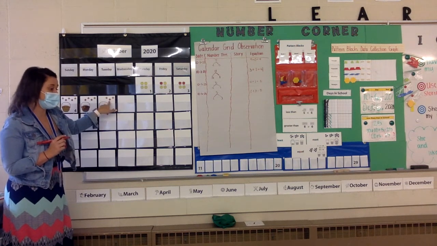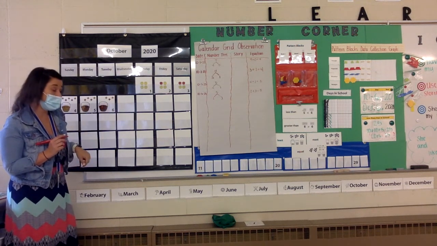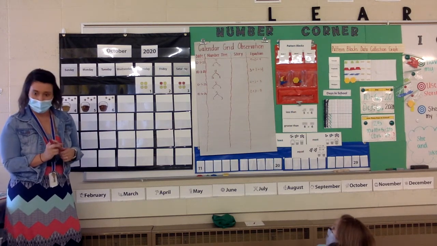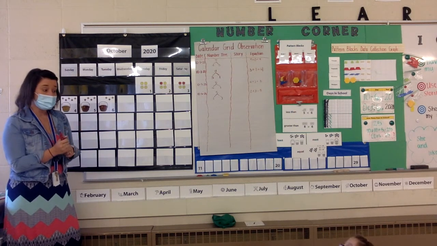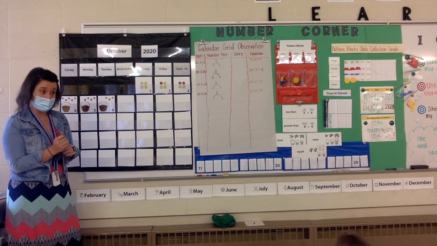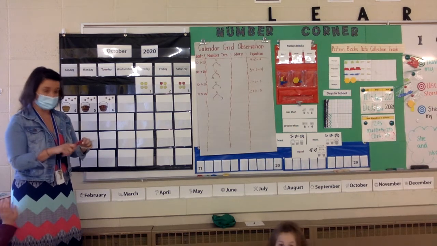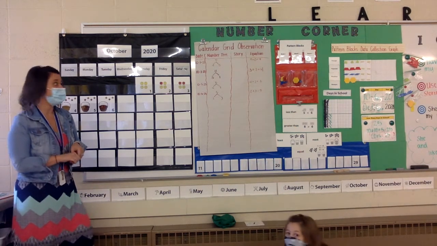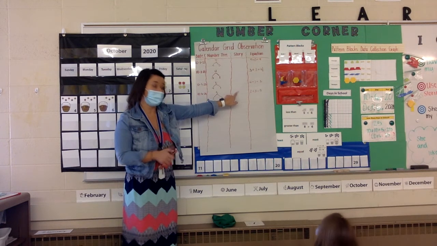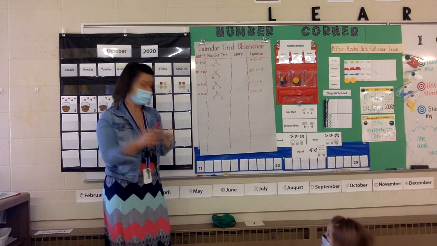We could maybe start by saying there were 5 leaves flying in the air. How many flew into the basket? 2 leaves flew into the basket. How many leaves are in the air? What would the answer be? 3. So that would be a story problem or a math story. I would write all of those words.